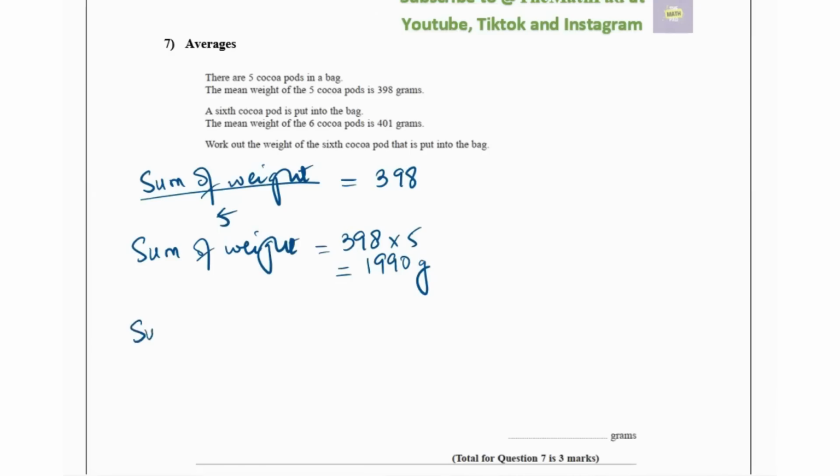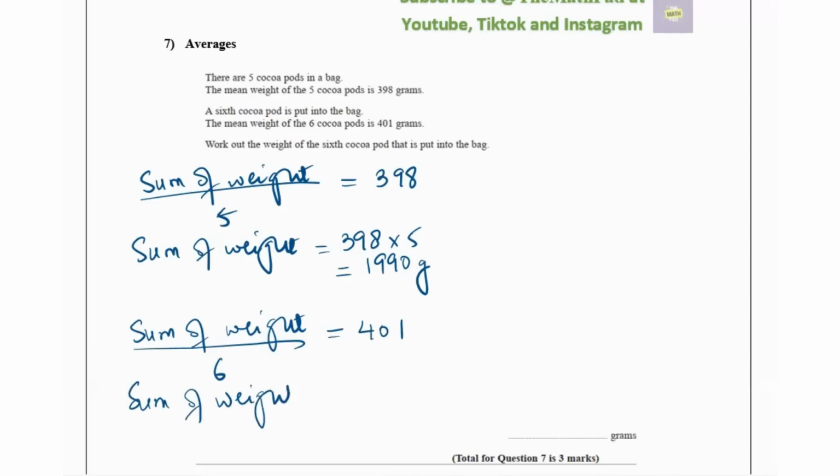So sum of weight for the 6 cocoa pods divided by 6 equals 401, which means for the sum of weight for the 6 cocoa pods, that's going to be 401 times 6, which equals 2,406 grams. So we have to work out the weight of the 6th cocoa pod.